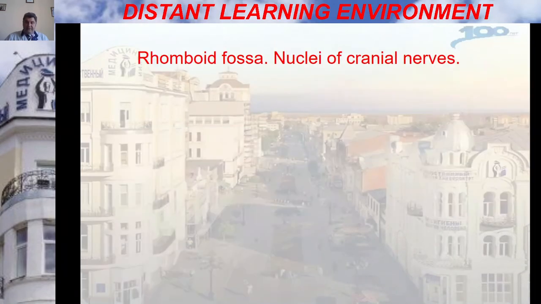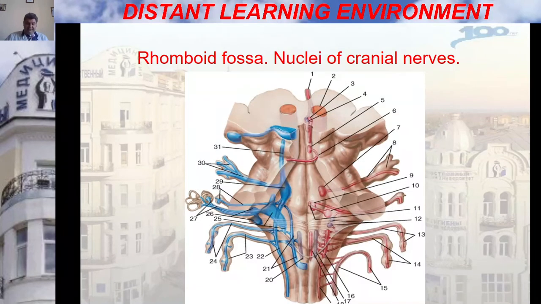So next we'll talk about the rhomboid fossa. In detail, the rhomboid fossa has four sides, two superior and two inferior, according to its shape, like a rhombus. The superior sides are bounded by two superior cerebellar peduncles. You may see these peduncles here.